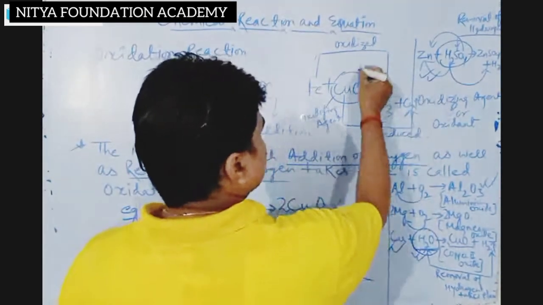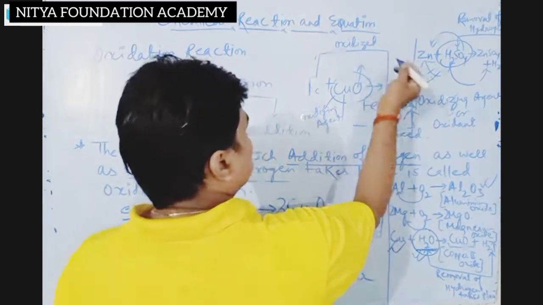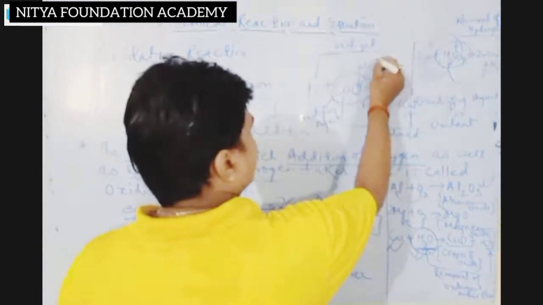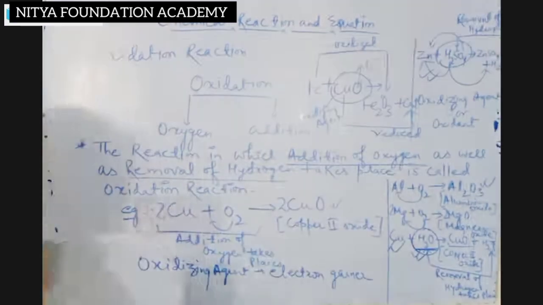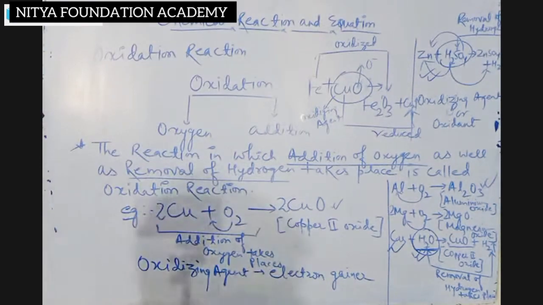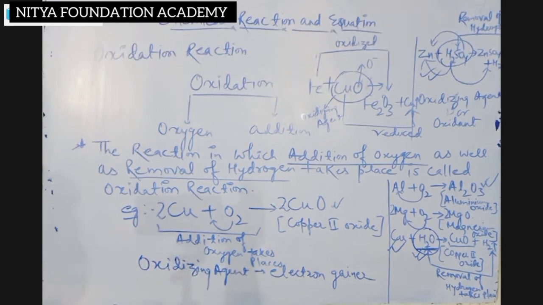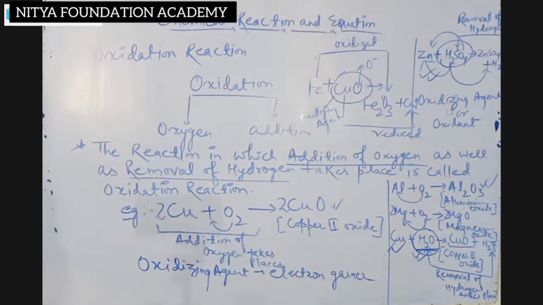Okay, and here oxygen is what? You know very well that oxygen has a negative charge. So when oxygen reacts with iron, it gains electrons. Oxygen holds negative charge by gaining electrons.